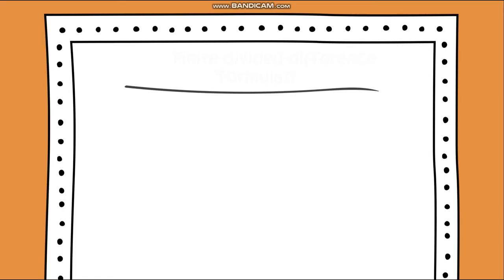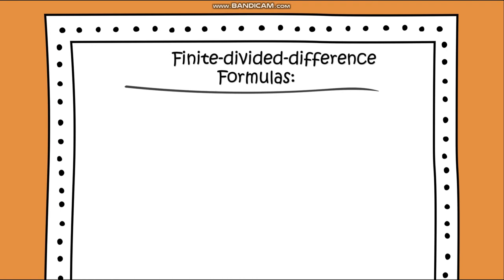I will now provide the finite divided difference formulas. The formulas correspond to their respective derivatives. The second line of each equation in each derivative is more accurate compared to the first one since more terms in the Taylor expansion were included. First, we take a look at the forward finite divided difference.